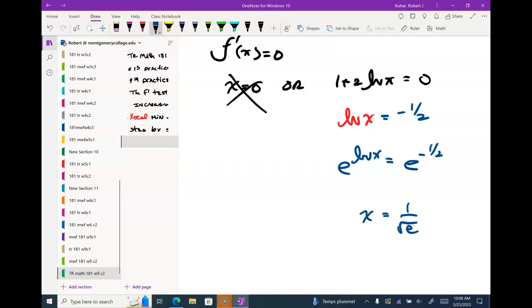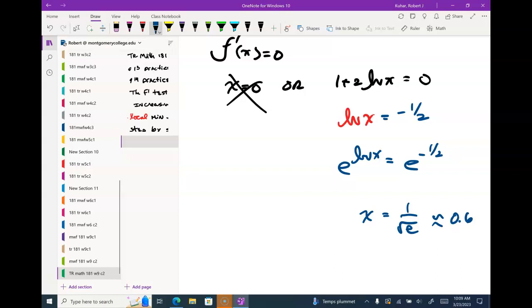For my own sanity, I will get a decimal for that. I might be able to think a little bit better if I know what decimal that is. 1 divided by the square root of e. It's about 0.6. So when I'm doing test values, I want a value smaller than that. Remember, in a sign table you have to test left of, right of, and in between all your criticals.